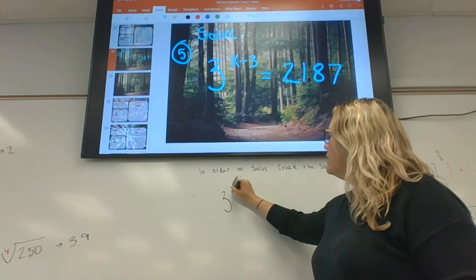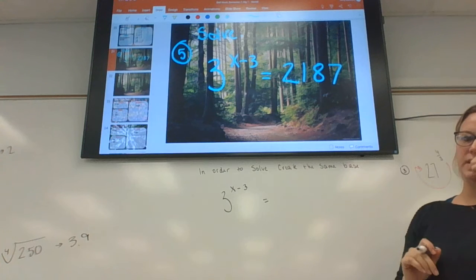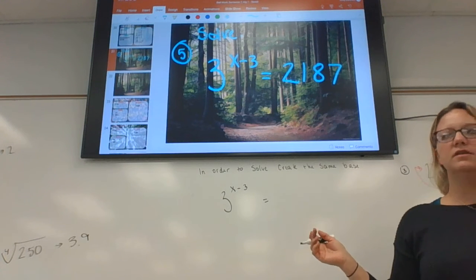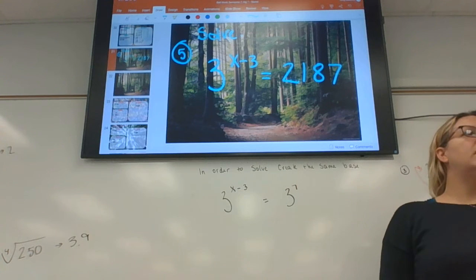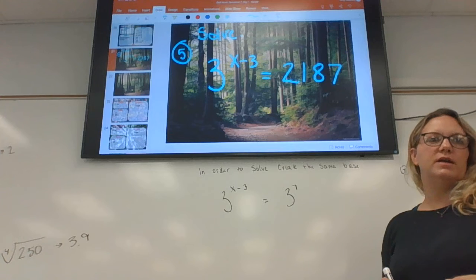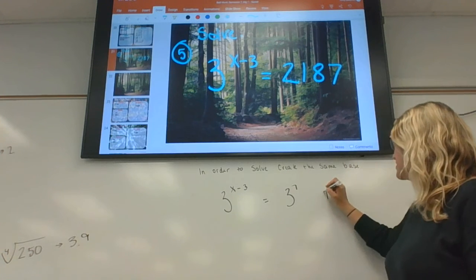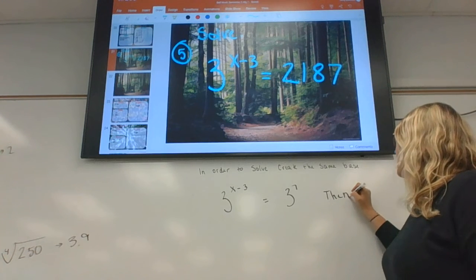So we already have a base 3 on the left. How do we rewrite 2,187 with a base 3? It's 3 to the 7th. So after you create the same base, what do you do? Drop the base. And really, equate exponents is the real step.